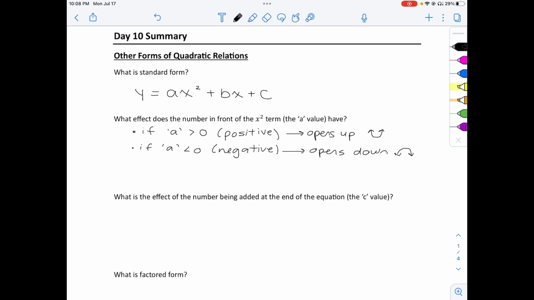And similar to vertex form, if a is any number that's not 1, so if you see a number written there, right, when a is 1, it'll just look like there's nothing in front of it. So if you have a fraction, or any different whole number that's not 1, then there is a vertical stretch factor.